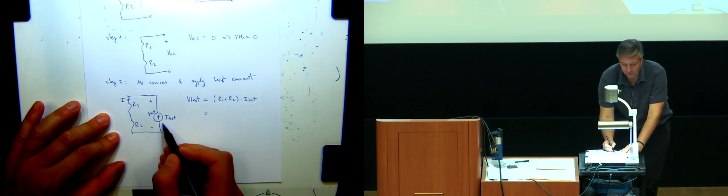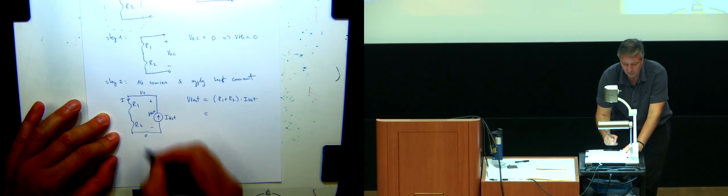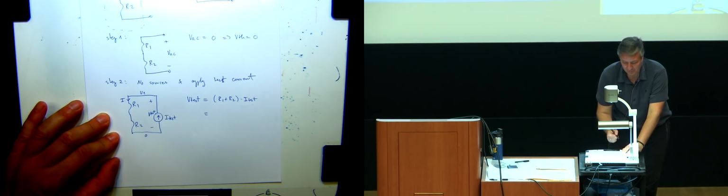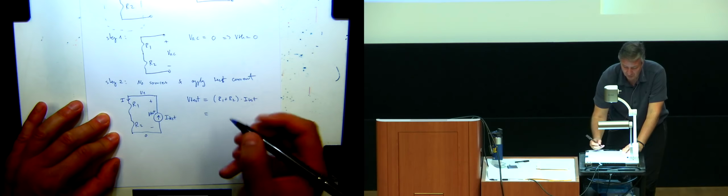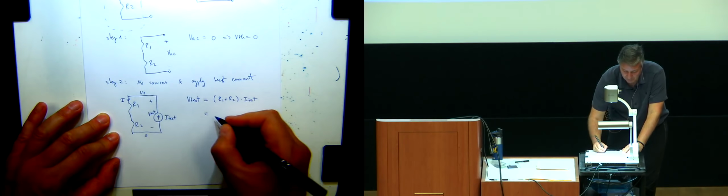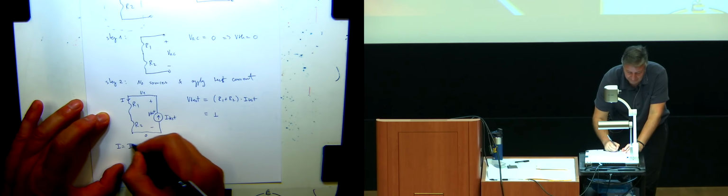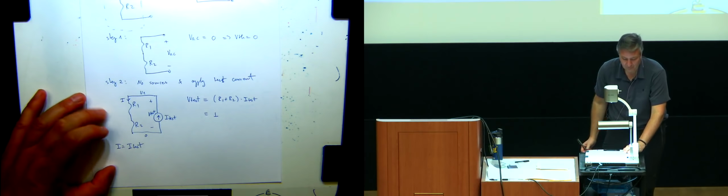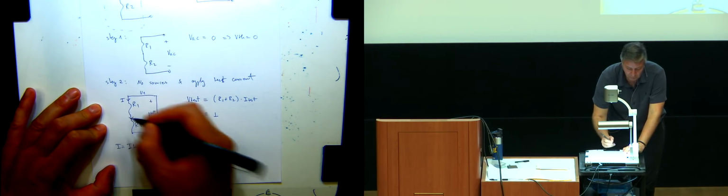There's some node here, let's call it U1, and I can call this 0. What's the relationship of I to I test? By KCL, they're the same. So I equals I test. What current flows through R2?